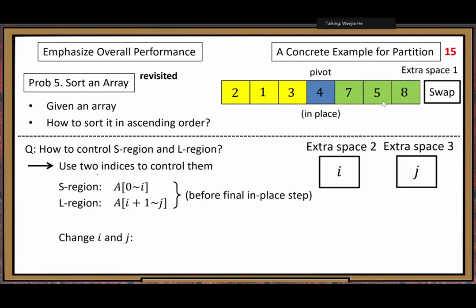And when you grow the L region, you increment the J value and so on. Grow S region, grow L region.